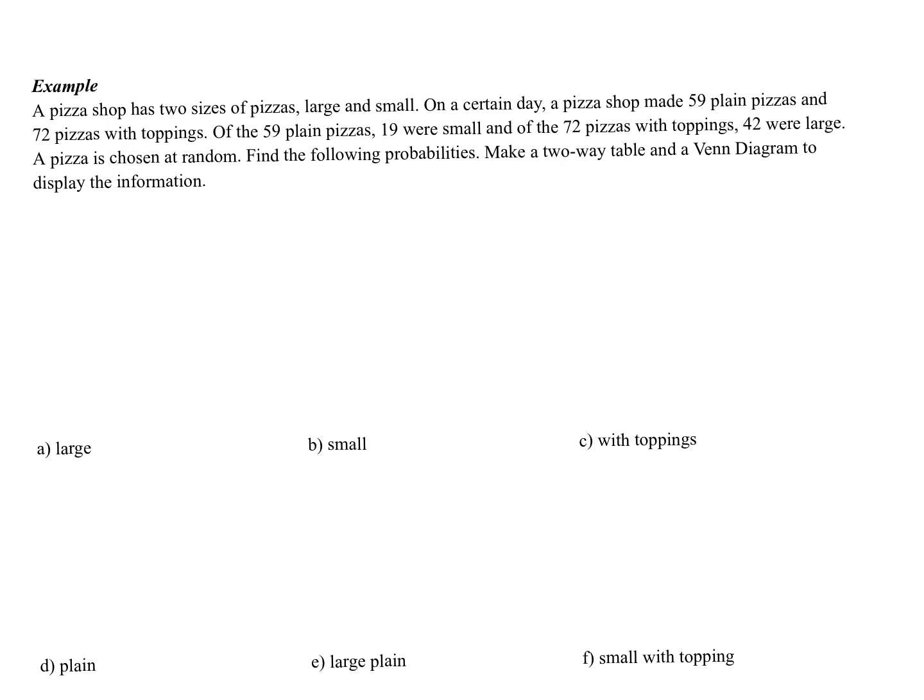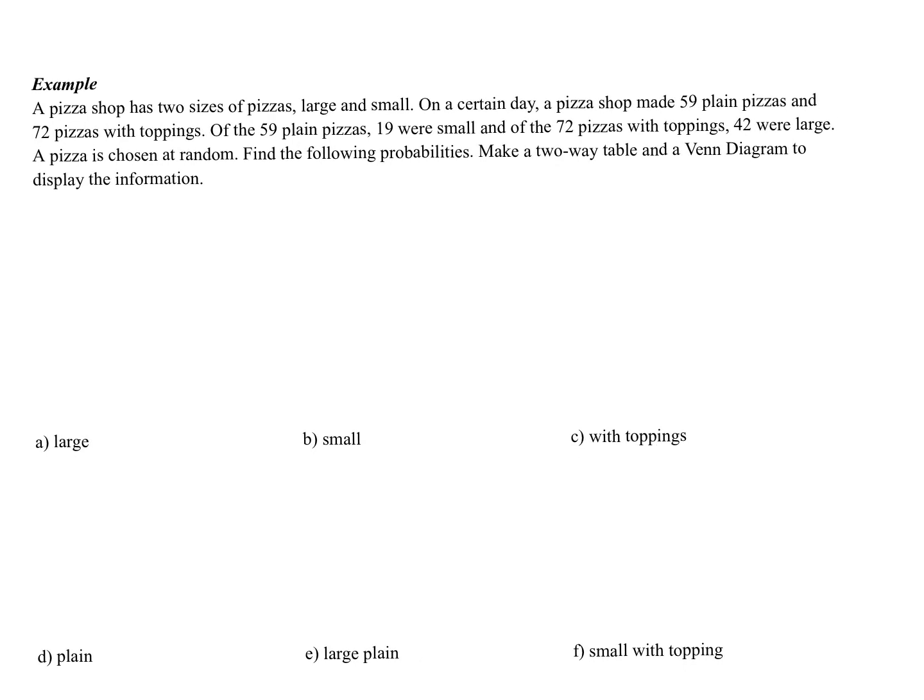All right, next we have that a pizza shop has two sizes of pizzas, large and small. On a certain day, a pizza shop made 59 plain pizzas and 72 pizzas with toppings. Of the 59 plain pizzas, 19 were small, and of the 72 pizzas with toppings, 42 were large. A pizza is chosen at random. Find the following probabilities.